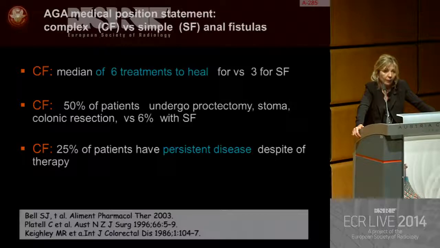Complex fistula, in 50% of cases, need proctectomy, ileostomy, or colonic resection, whereas simple fistula just in approximately 6% of cases. And finally, 25% of complex fistula persist despite any therapy.